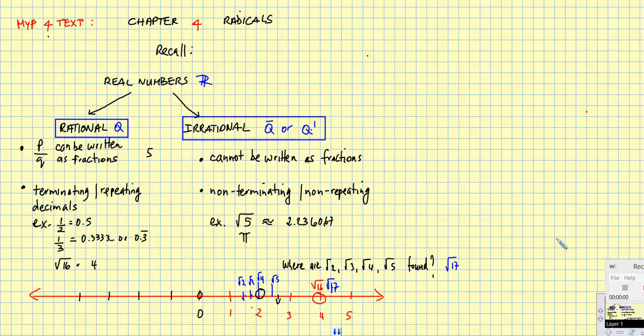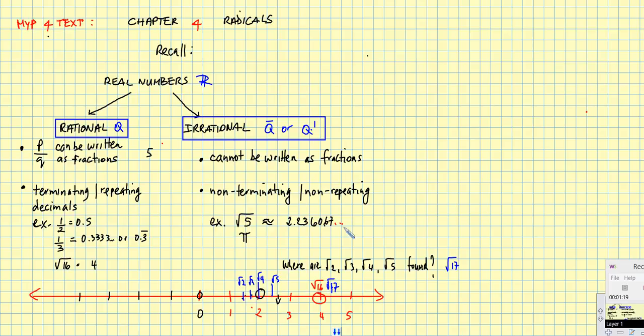Now the irrational numbers are numbers that cannot be written as fractions, and they're usually non-terminating and non-repeating. In other words, they can go on forever, but they don't have a pattern to them. An example of that would be the square root of 5, which is equal to 2.236067, and that decimal would go on to infinity, but with no particular pattern.